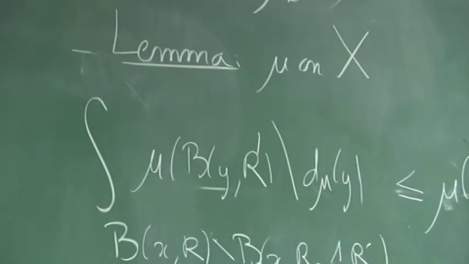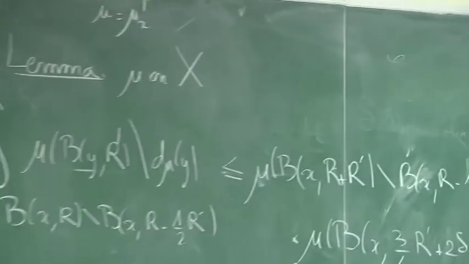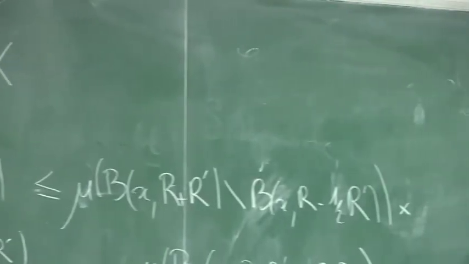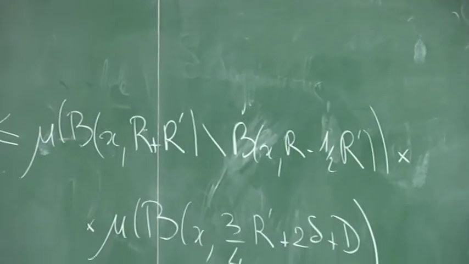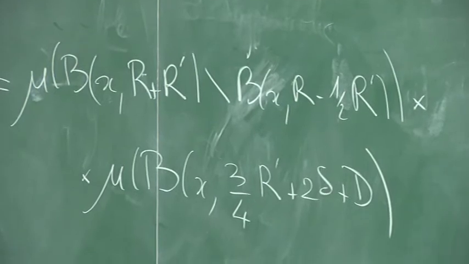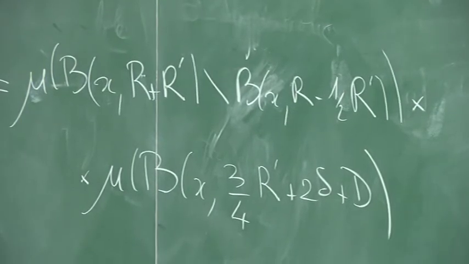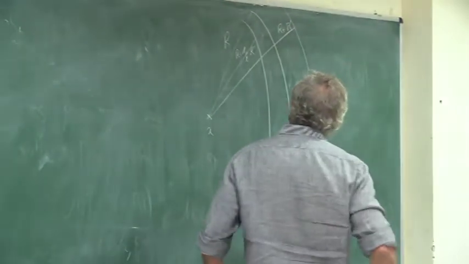And we have this r prime. So this is r. Right? This is r minus 1/2 of r prime. And the third one is this one, r plus r prime. Right?